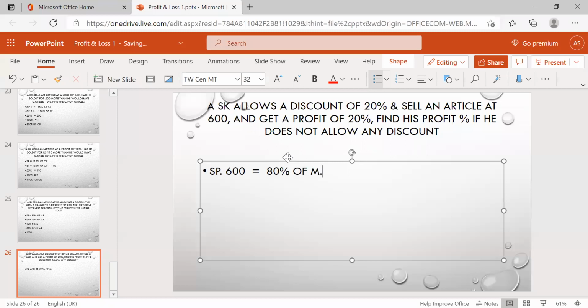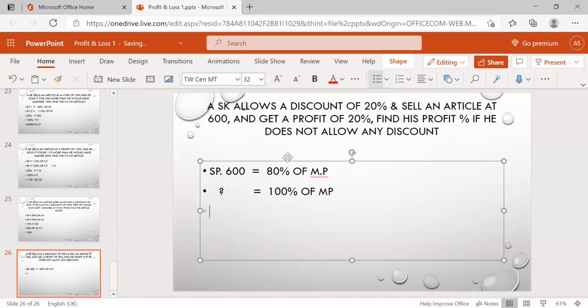So 80% of the mark price equals 600 rupees. Now, if he does not allow any discount, that means we need to find the 100% mark price. So what's the 100% mark price?